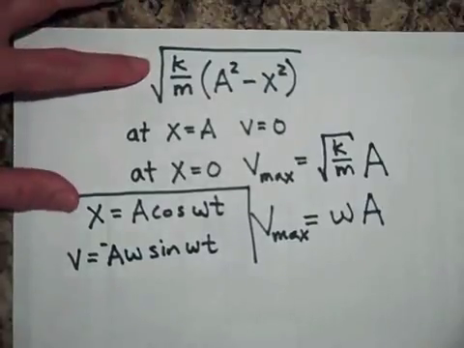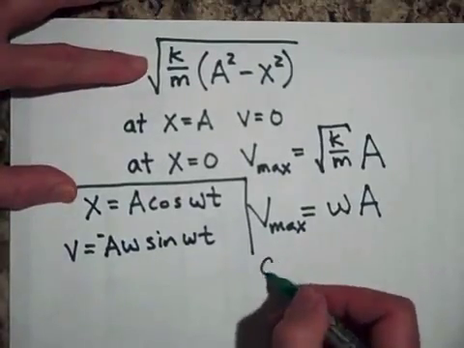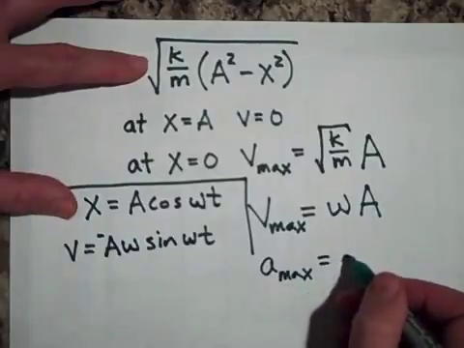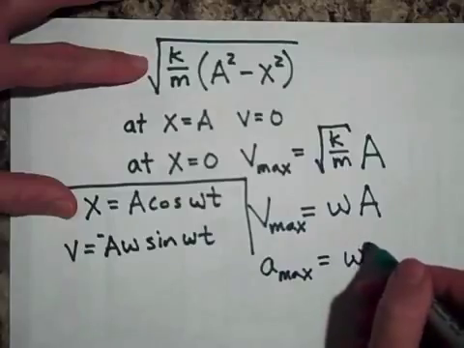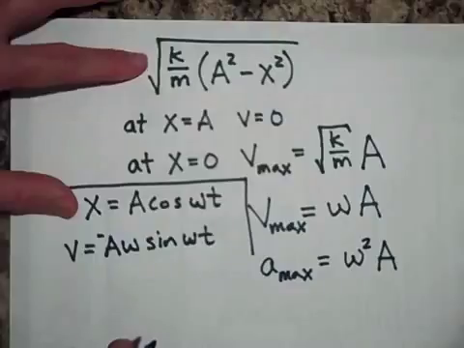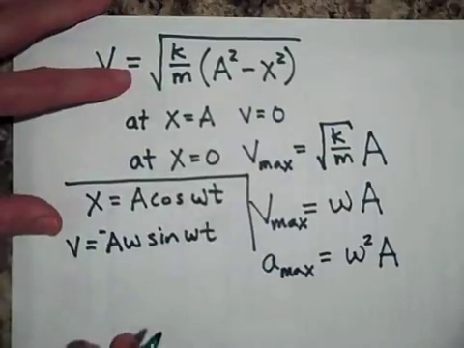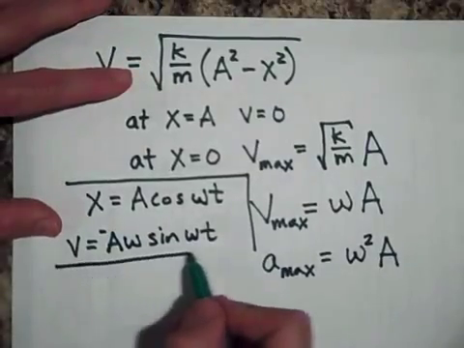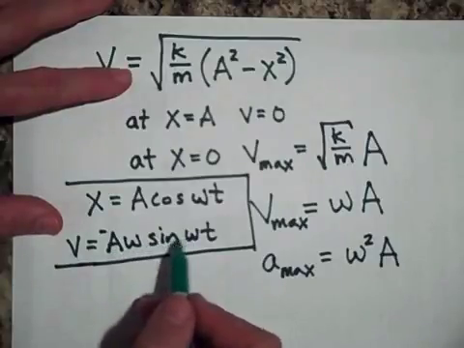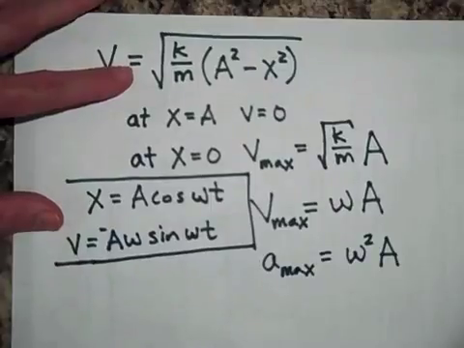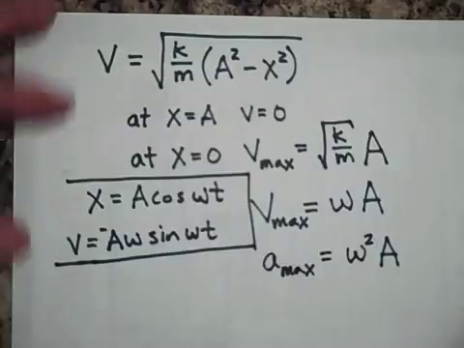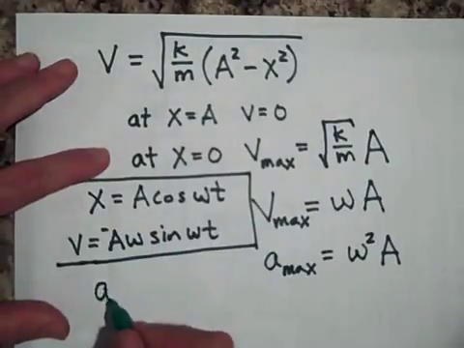Hey, since we're talking about v max, we know that a max is omega squared A. Let's just show how that works. Why is that the case? Besides the fact that if you take the derivative of this, you get A omega squared cosine omega t with a negative sign in front. Well, you get your maximum a when you have your maximum force. And what's your maximum force?